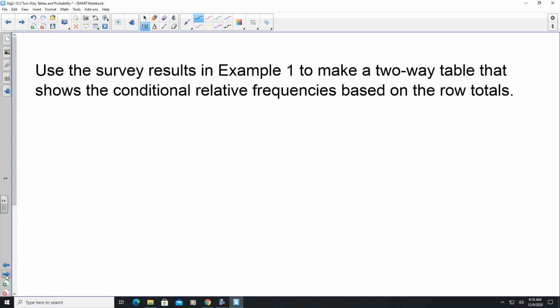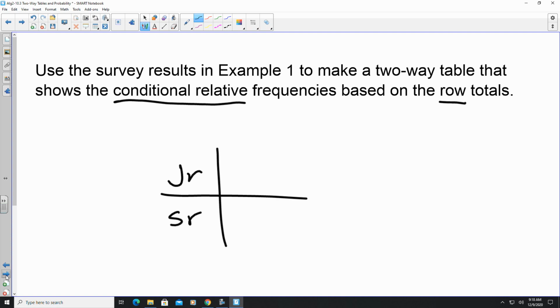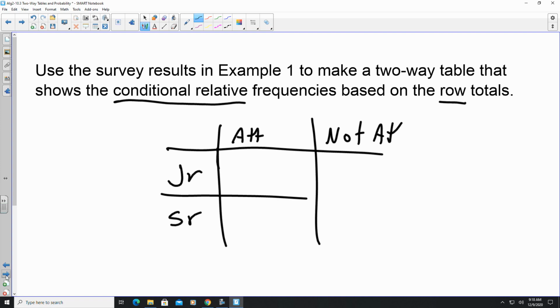And finally, again, using the same example with the juniors and the seniors, they want us to show conditional relative frequency based on row totals. So they tell us that it's row totals, not just columns. All right, so I got my juniors, I got my seniors, and attending, not attending.